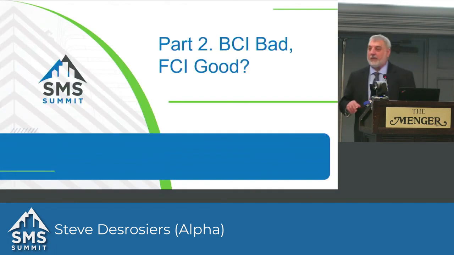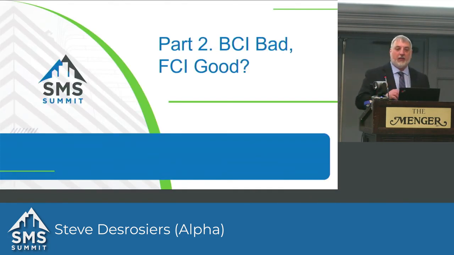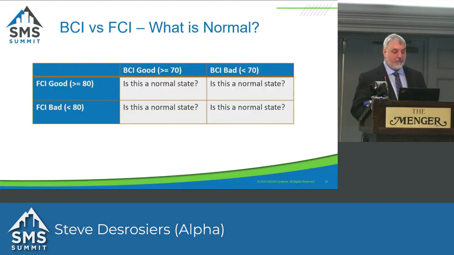So now we're going to talk about the other thing that I wanted to know, which is what combinations of BCI and FCI occur naturally in nature, right? So what do I mean by normal? Well, I think normal is if you had a good asset management plan, so you had business rules, because Builder doesn't live in a vacuum.